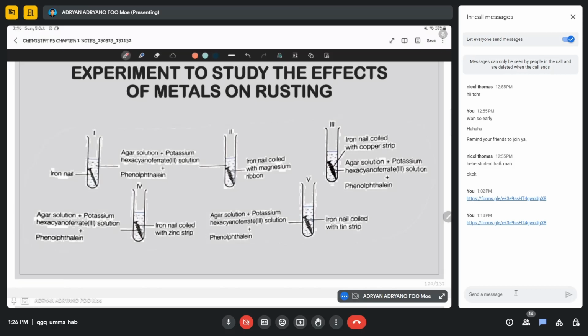Zinc is on top of iron, so it will rust slower. Number 5, tin is below iron, so it will rust faster.